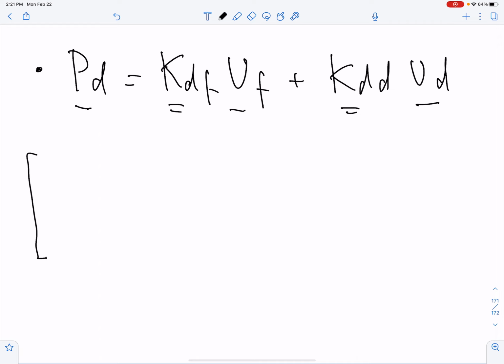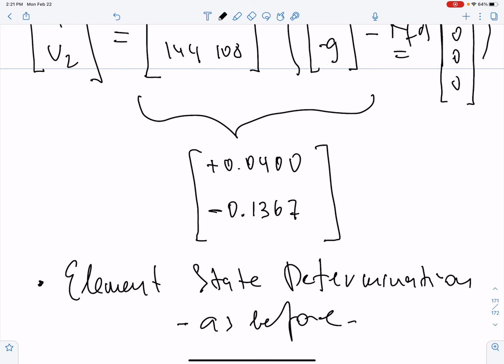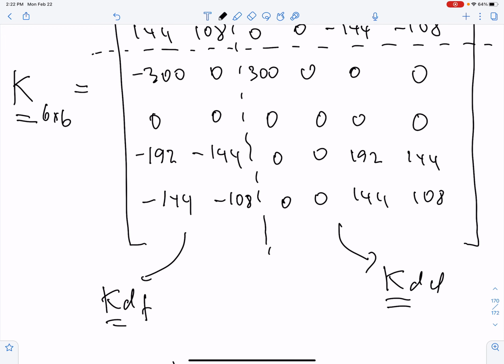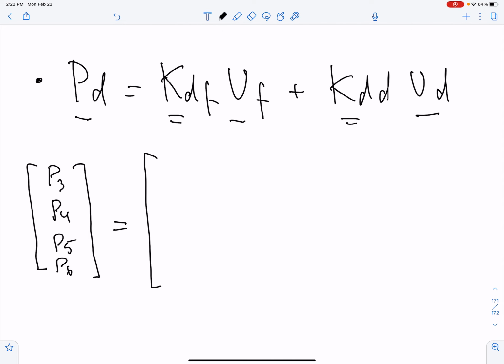Specifically applied to our problem, it is going to be P3, P4, P5, and P6 equals, so I have KDF that I grab from this block here, which becomes minus 300, 0, 0, 0, minus 192, minus 144, minus 144, minus 108.